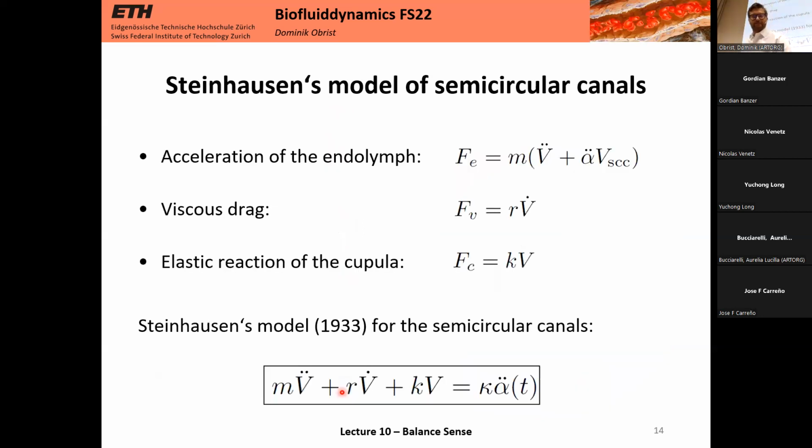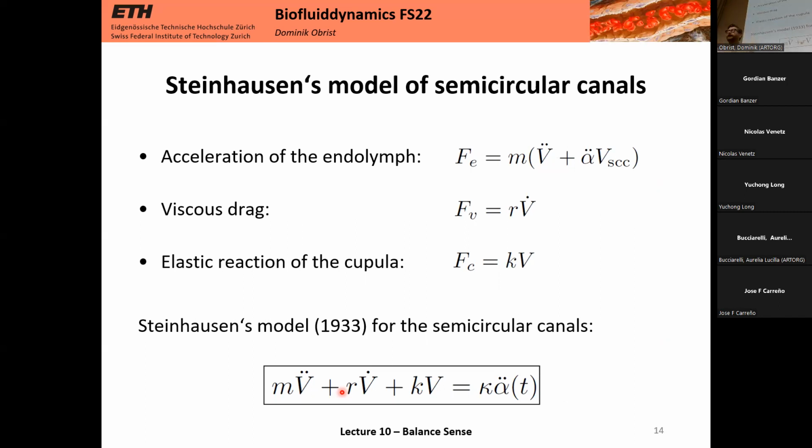We can start to become a bit more physical, doing a bit more physics, and develop the first ever model for semicircular canals. This was due to Steinhausen, who published it in 1933.